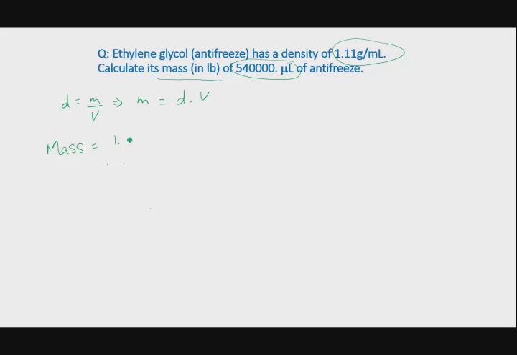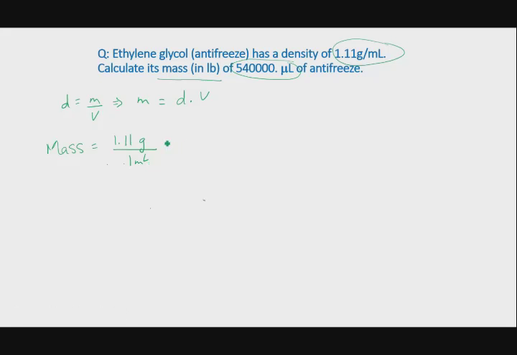So in this case, since we need to calculate the mass of antifreeze, we can take the density 1.11 grams per ml. So please remember, whenever you see units like that, grams per ml or miles per hour, the per means that it's for every 1 unit in the denominator.